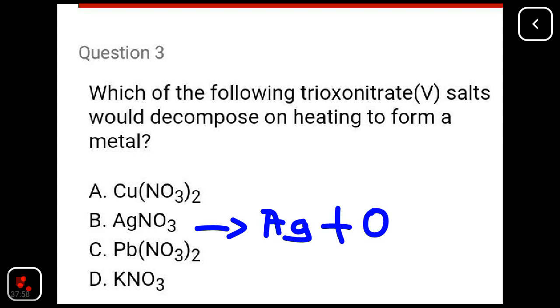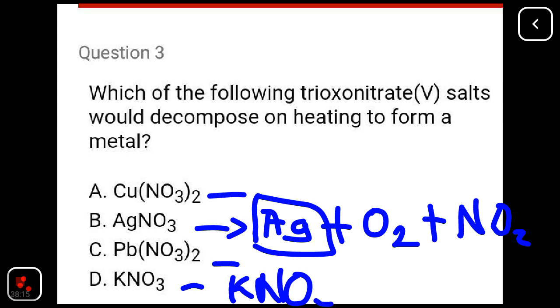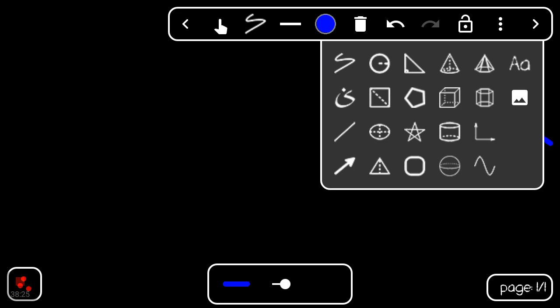Plus oxygen gas plus NO2 there, right? So this one will actually form a metal. While all these and this will form metal oxide, while this one will just form metal dioxonitrate plus oxygen there, right? So it's only this that will form metal. So B is the right answer for this part there, right?